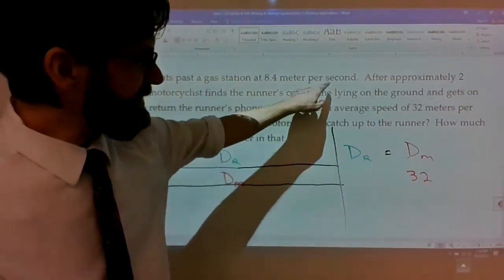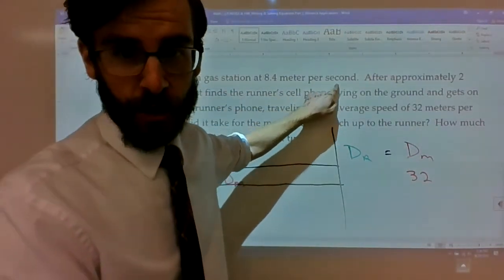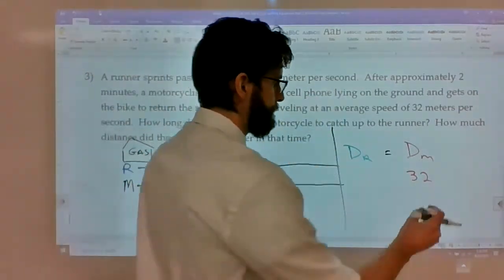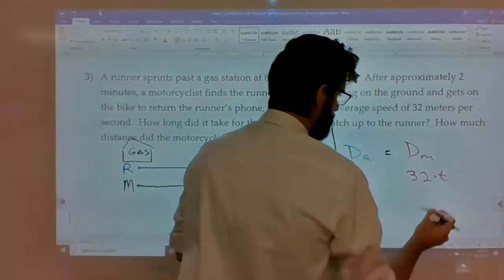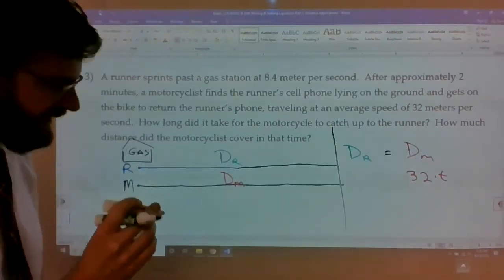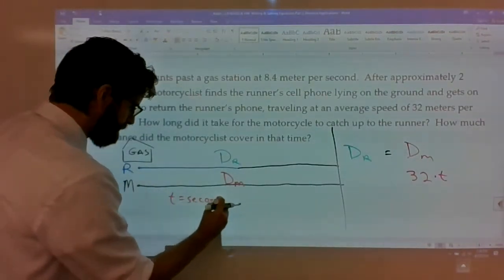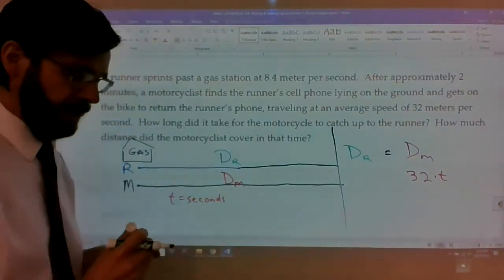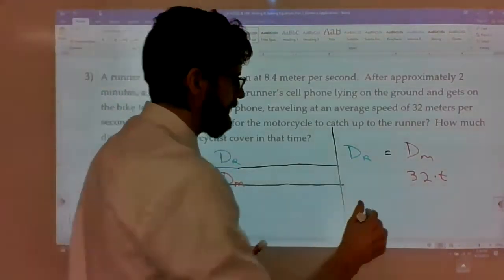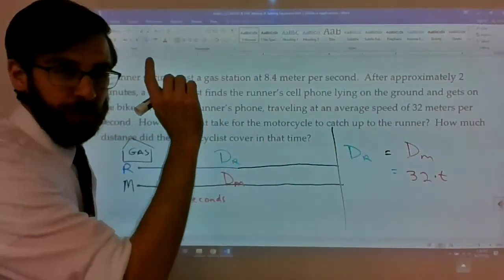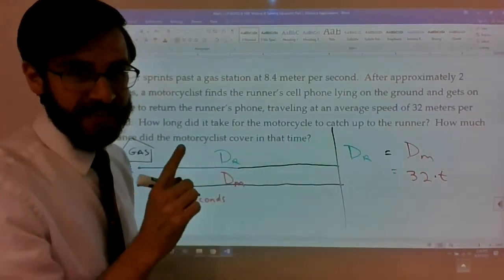I guess it's got to be seconds because the rate's in terms of seconds, meters per second. So that's a good idea. We need to say that t equals seconds. All right, got it? Now, the distance that the runner runs is different.